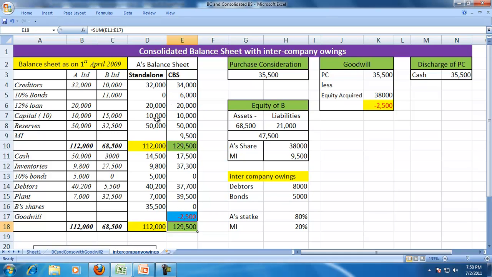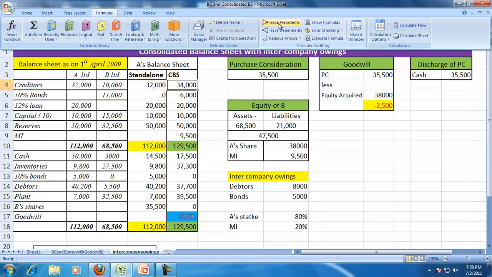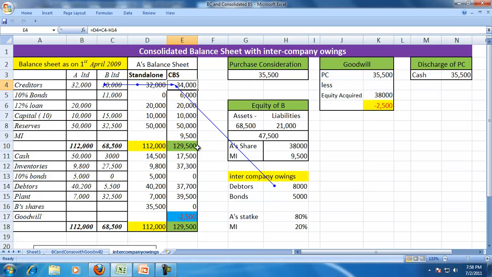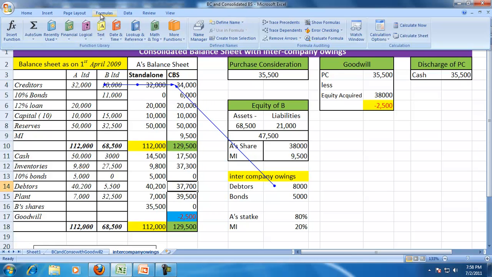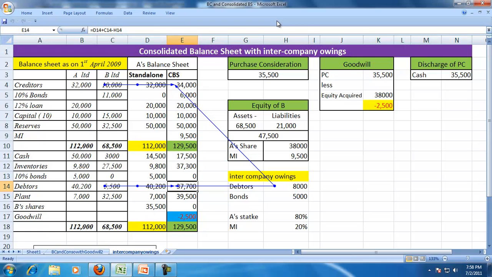If you observe the intercompany owings, you can see here that they reduce the debtors to the extent of 8,000. Similarly, the bonds will reduce, and the bond assets will also reduce in the consolidated balance sheet.